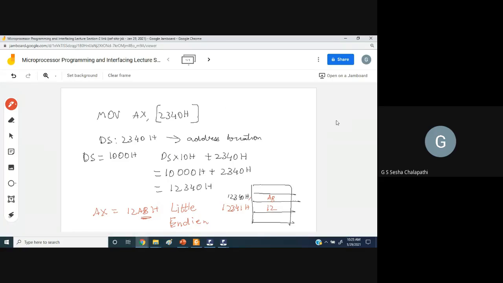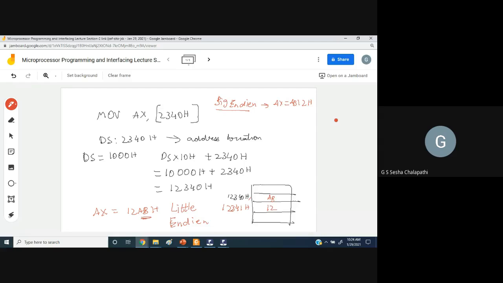In big endian format, if 8086 was big endian, then in that case AX would have been AB12H.